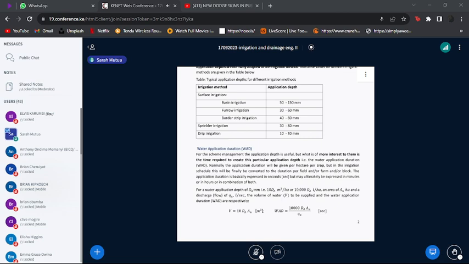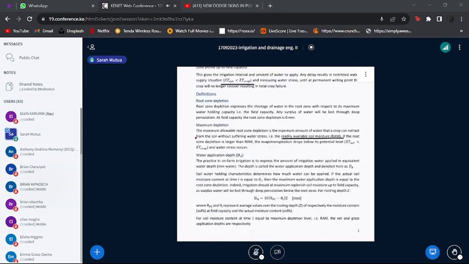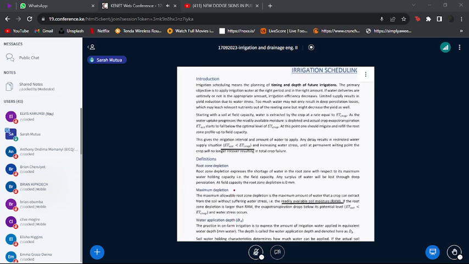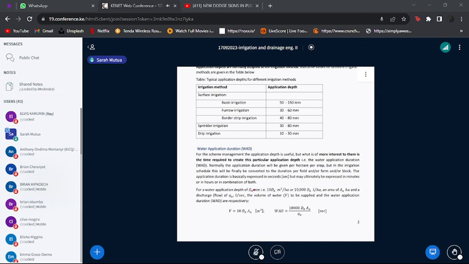Before I go there, there's something I forgot to mention. Irrigation interval, I will explain later. The water application duration is basically, if I start irrigating now, how long should it take me to apply the desired water application depth?